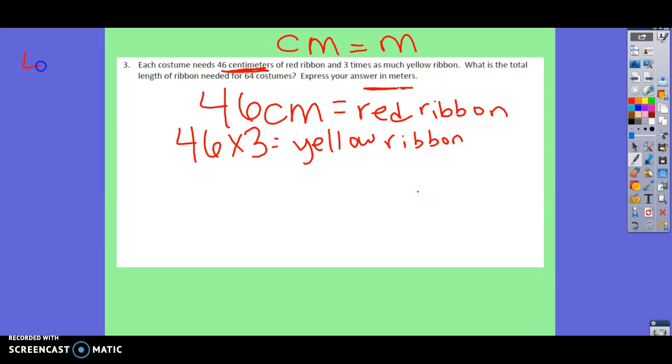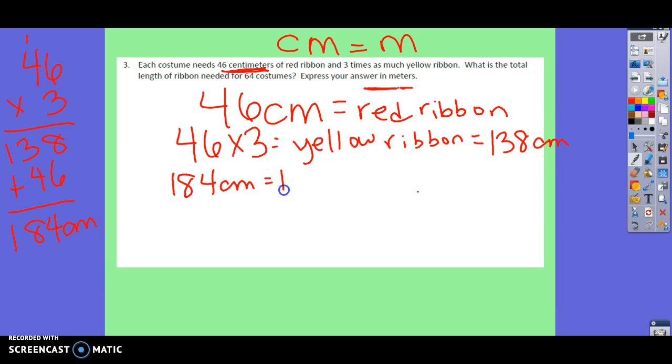If I multiply 46 times 3, I have 138 centimeters for my yellow ribbon. 138 plus my 46 of red gives 184 centimeters total of ribbon. That's for one costume.